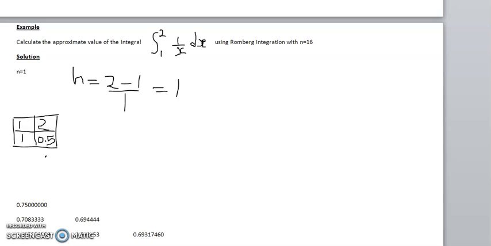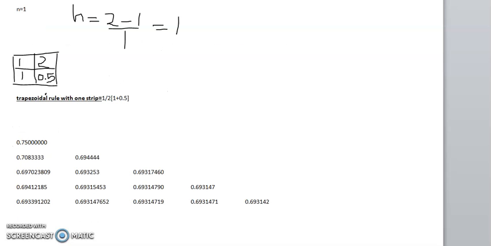Now, you know that when you have one strip, that means you should have 2 ordinates. H is 1, meaning that we have 2 ordinates, that is 1 and 2. And when you solve the integral part, you get 1 and 0.5. Now, the first column, when you're getting this trapezoidal rule with 1 strip, it's 1 over 2 into 1 plus 0.5, the ends only.